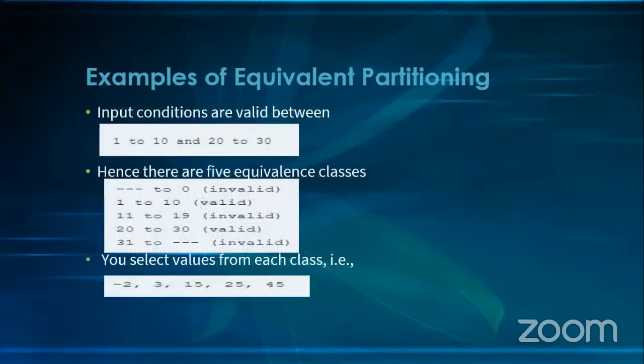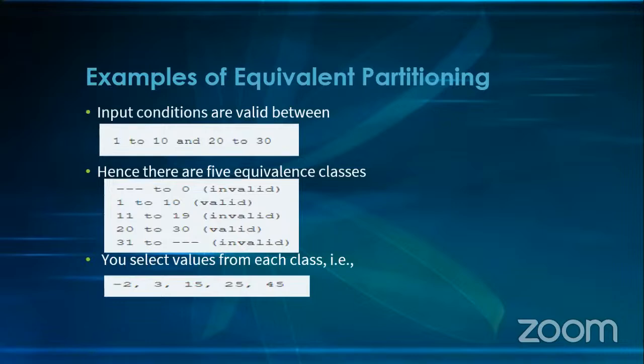Now, this is an example. Let's take this example. My first input condition is valid between 1 to 10 and 20 to 30. Listen, 1 to 10 and 20 to 30. So 1 to 10 is the valid part. That's my requirement.